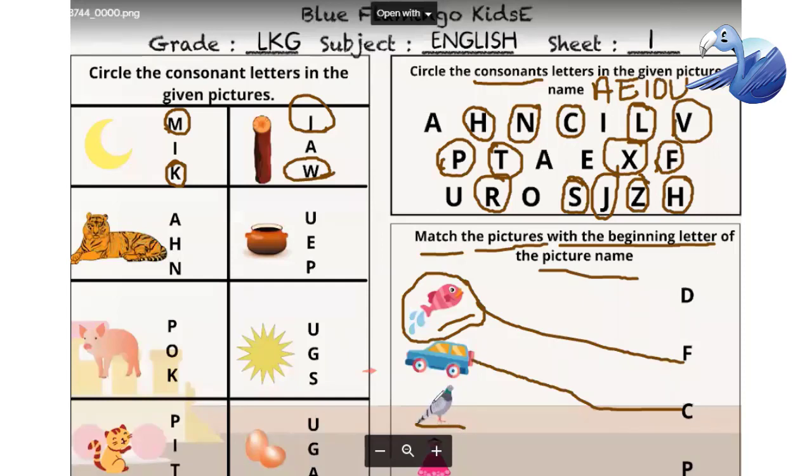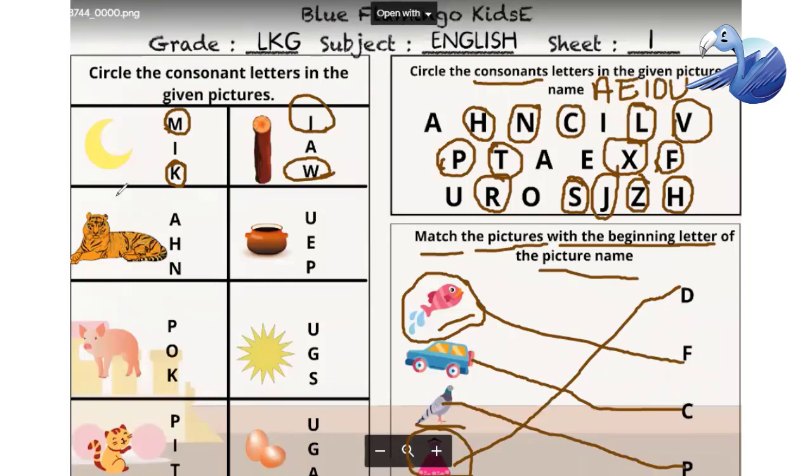Pigeon. So let's match it with P. And the last picture is dress. Dress. So let's match dress with D.